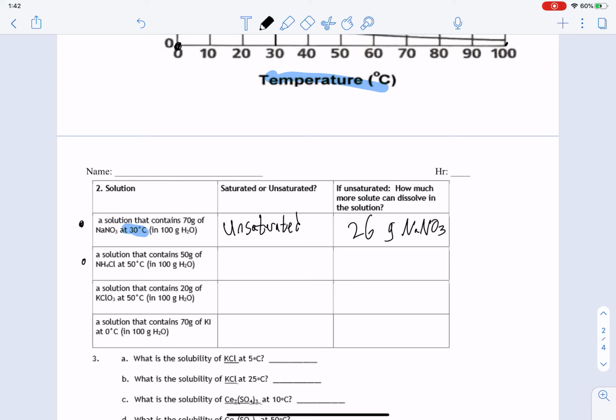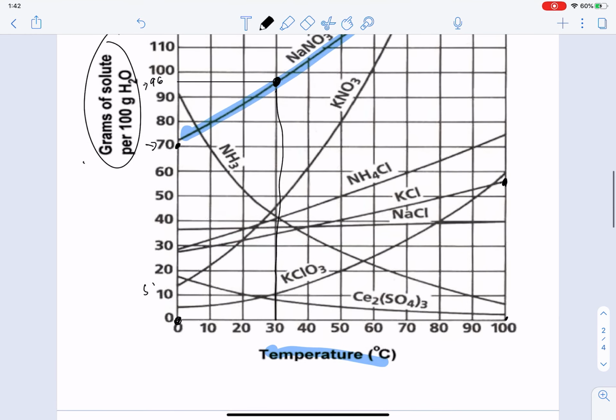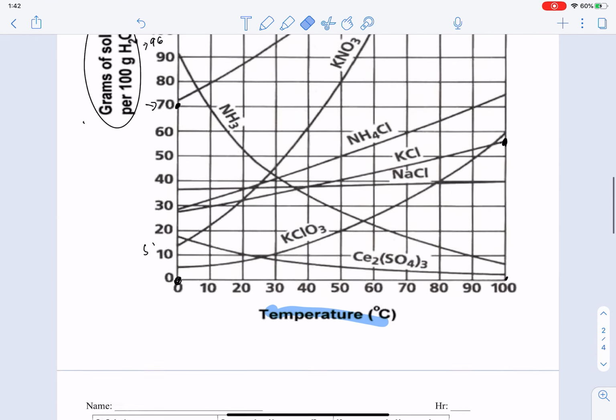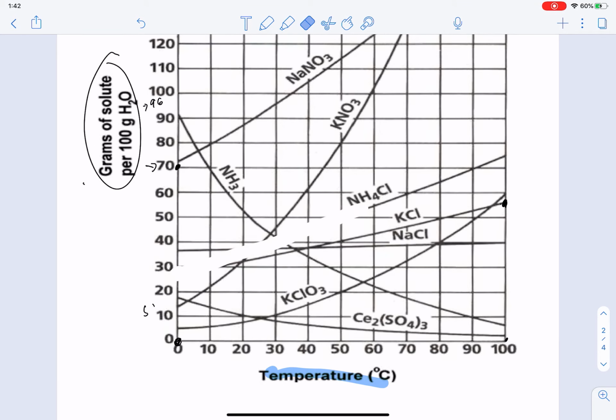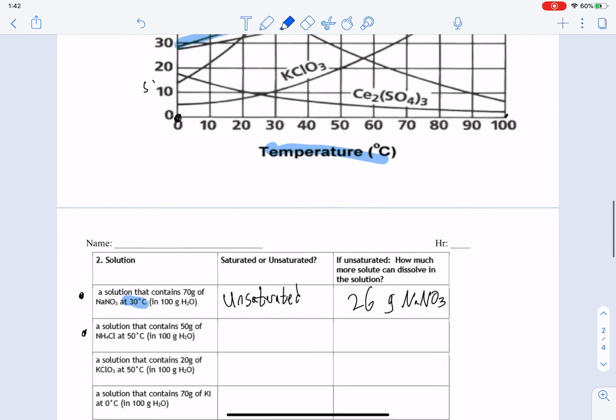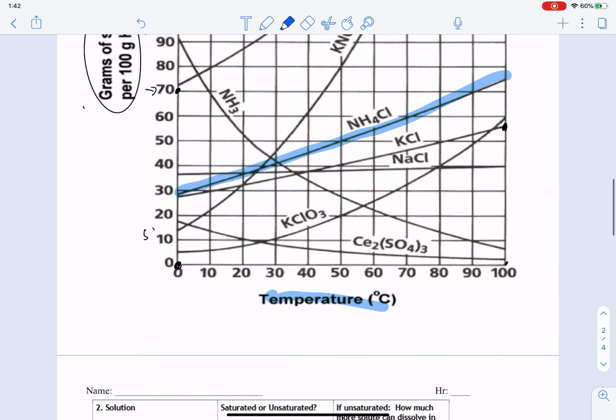All right, next one, a solution that contains 50 grams of ammonia chloride at 50 degrees Celsius. All right, so we're looking for ammonia chloride, which is right there, and at 50 degrees Celsius.